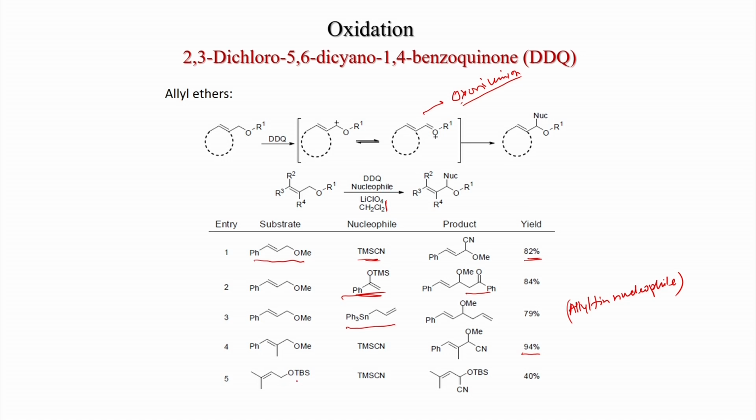Also, if this is an OTBS, not only methyl, this is all methyl, here OTBS, this is also possible. So, the silyl does not affect the oxonium ion formation here, and you get the oxonium and then cyanide. However, the yield gets reduced. So, methyl ethers are better choices compared to the silyl ethers.